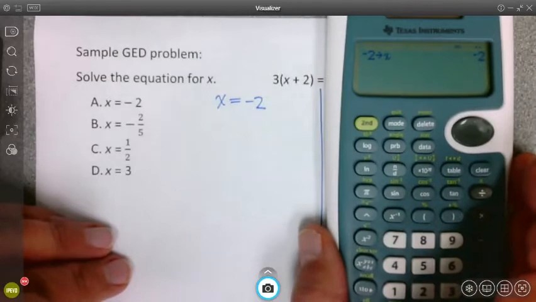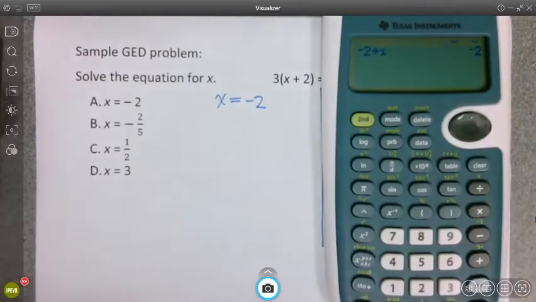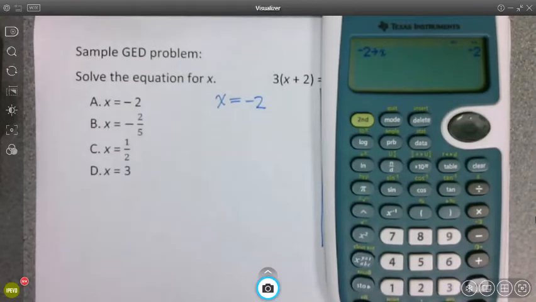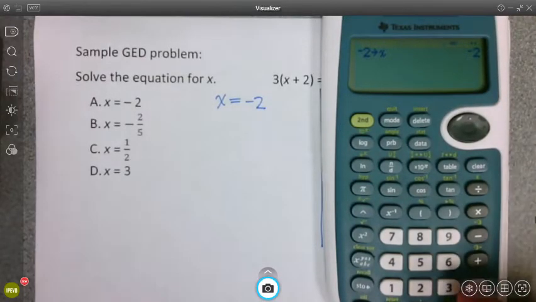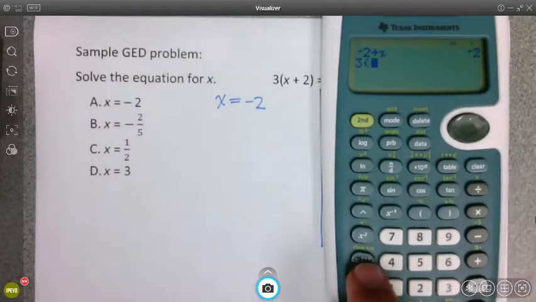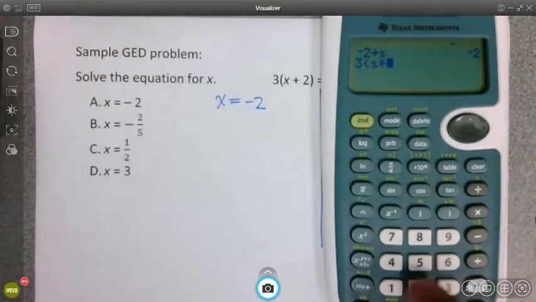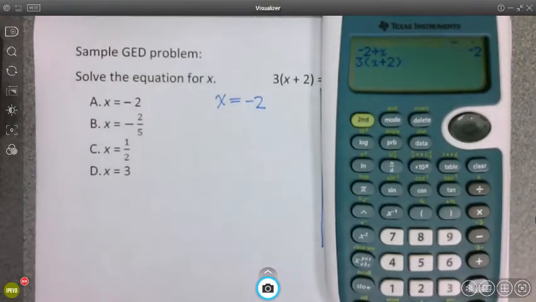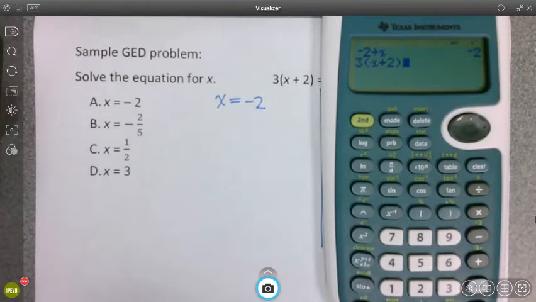And now I want to find out what the left-hand side of the equation is equal to when x is -2. So I'm going to type in on the calculator the left-hand side of the equation just as it appears. So 3 parentheses, I go to the variable key and I type it to get the x, plus 2 close parentheses. At this point, the expression 3 times parentheses x plus 2 close parentheses is now in the calculator.